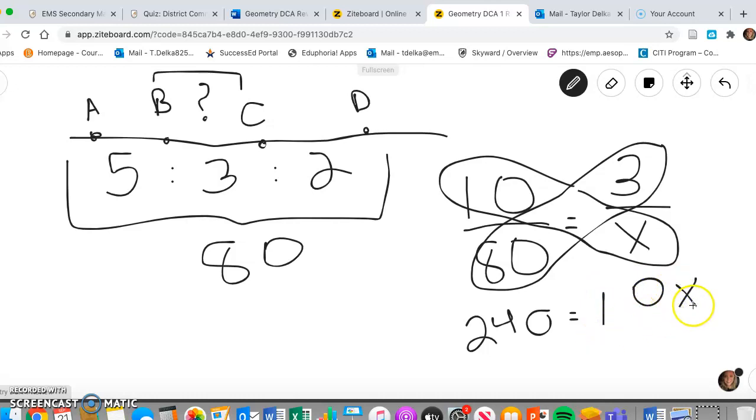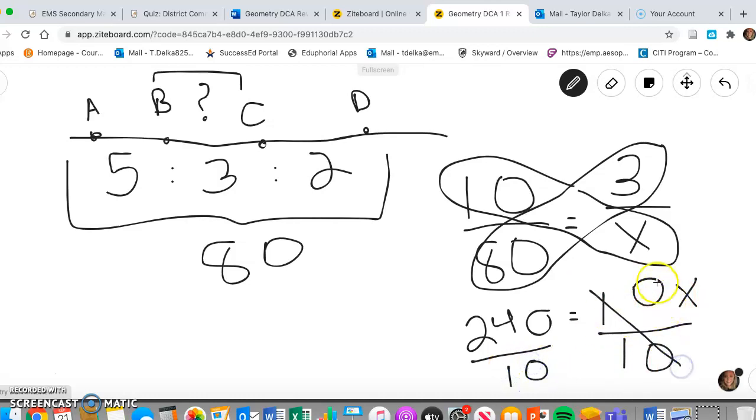Okay, now let's solve for x by getting x alone, which is something that you learned back in Algebra 1. And so right now the 10 is multiplying to the x, so the opposite of multiplying 10 would be to divide 10. So we're going to divide 10 on both sides.